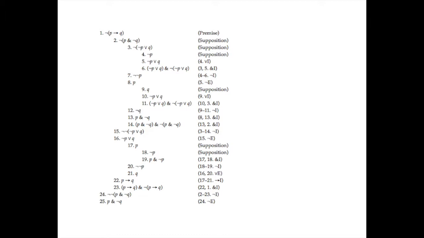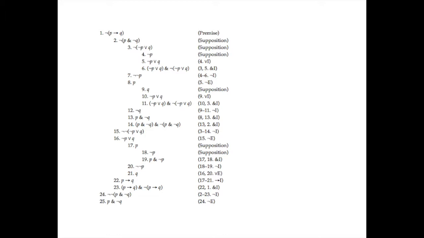So I'm just going to start out supposing that's false. So I get not, parentheses, P and not Q. Well, I've already done a proof that tells me what to do whenever I have not followed by a conjunction. And so what I'm going to do is basically copy that proof so that I end up proving not P or Q, right?